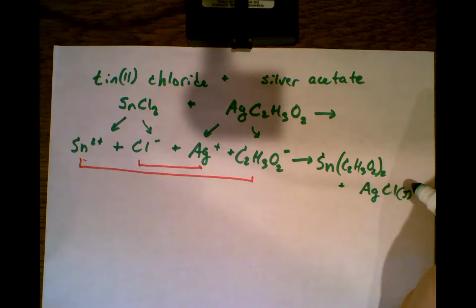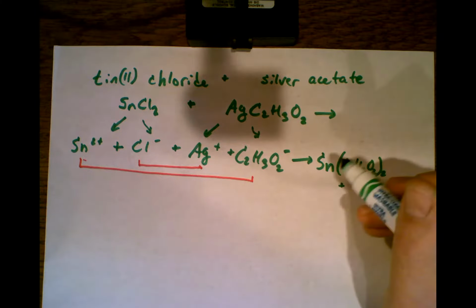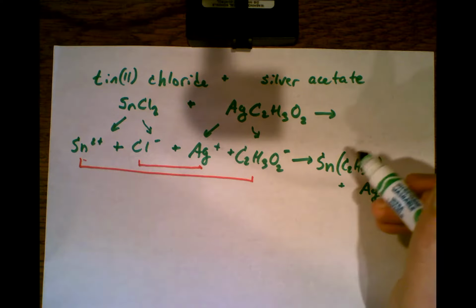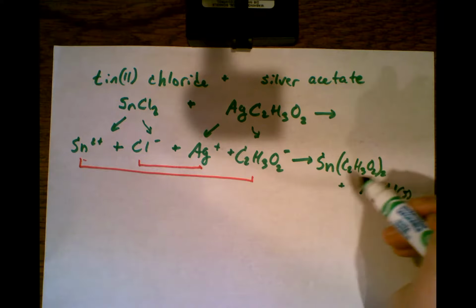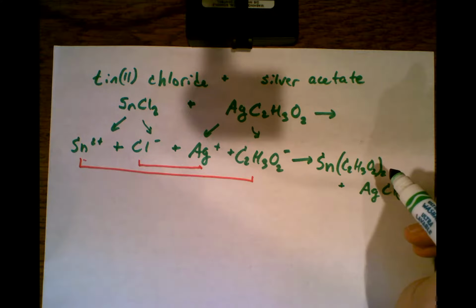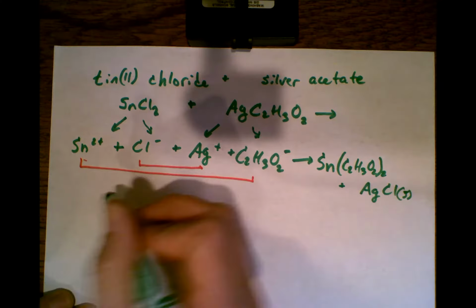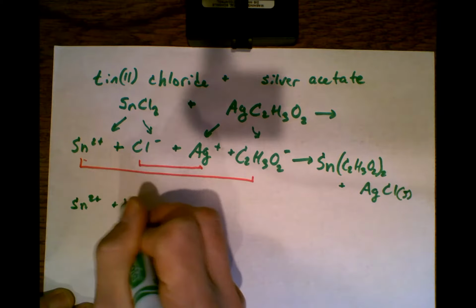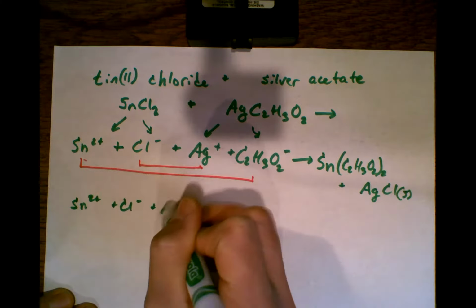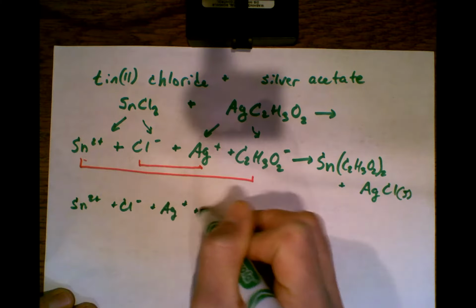So what that means is I probably should be writing tin acetate as ions. And what you can do is figure this step out before you write it out. So you can figure it out before you even write it down. But what I'm going to do is rewrite this, give myself a little bit more space. I'm going to keep the left side the same.